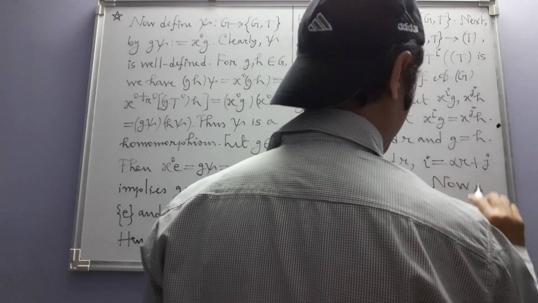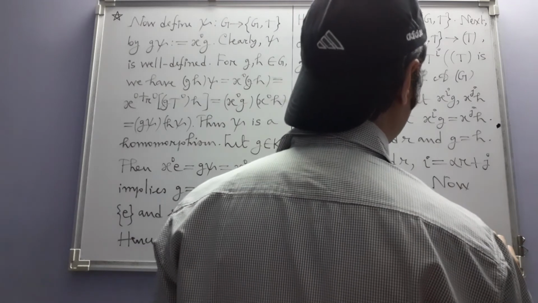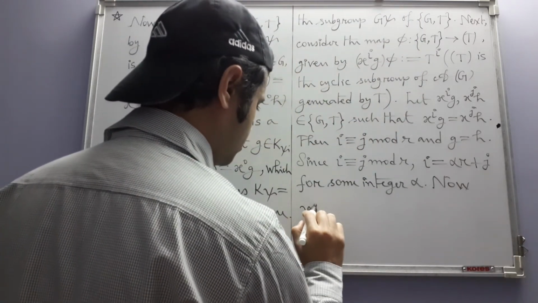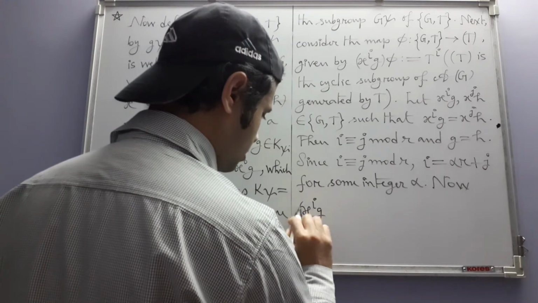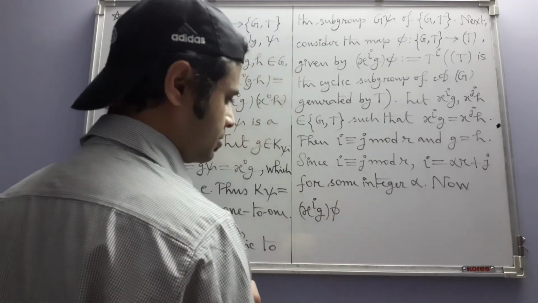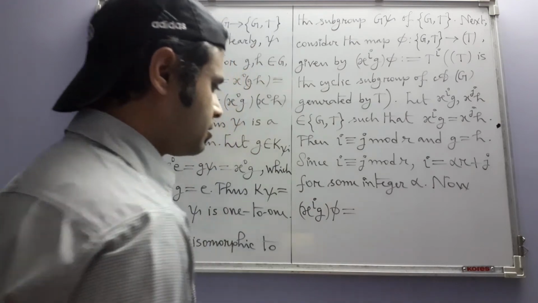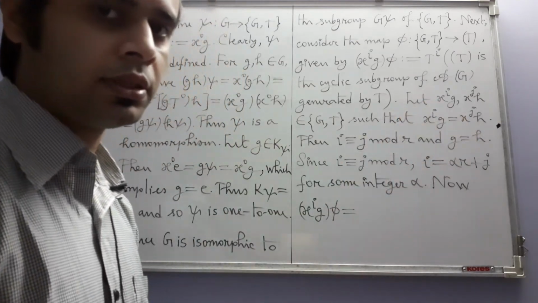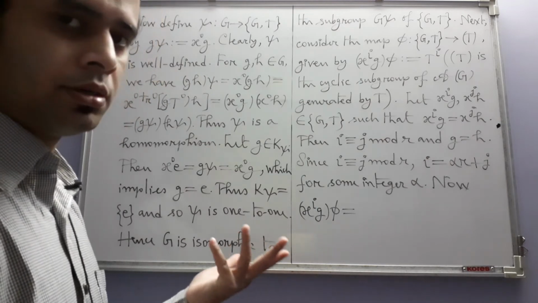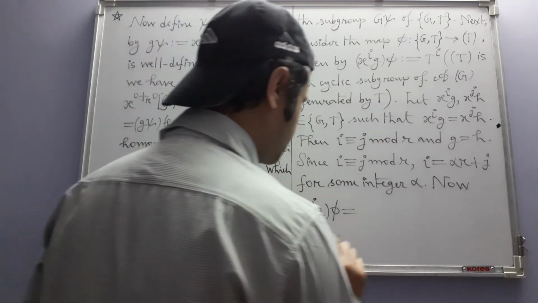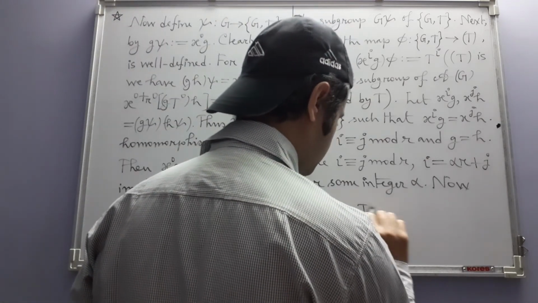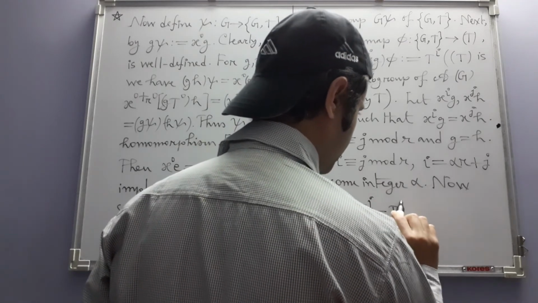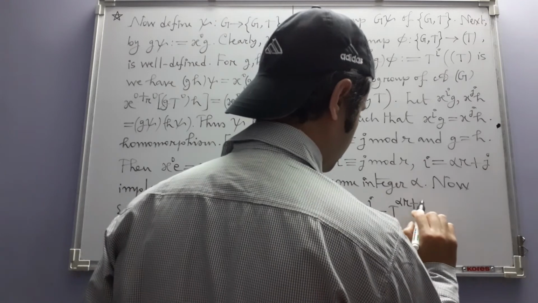Now our aim here is to show that the phi image of this is equal to the phi image of that, because then only phi can be called well defined. Phi image of this by the definition of phi is t to the power I. Now in place of I we write alpha r plus j.